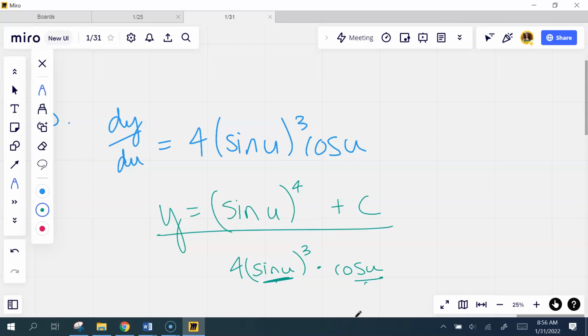Let me see if this helps you a little bit. If you struggle seeing this, give me a variable, any variable besides x. W. Let's say I told you that W was sine u. What would the derivative of W be?